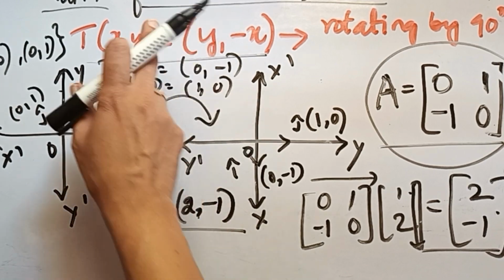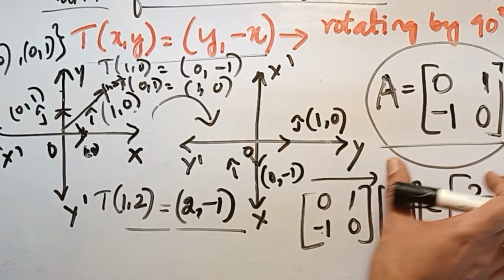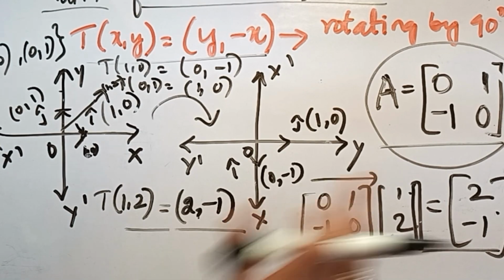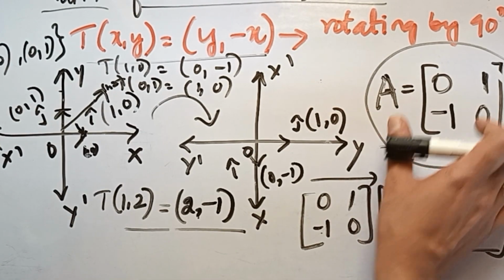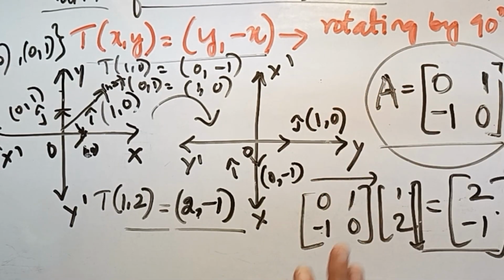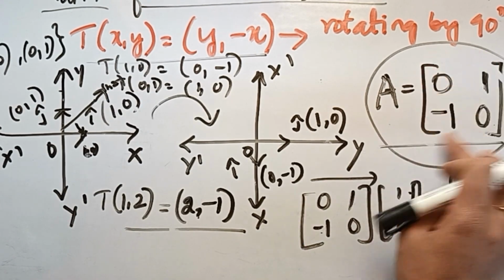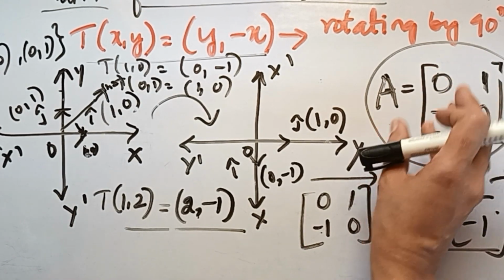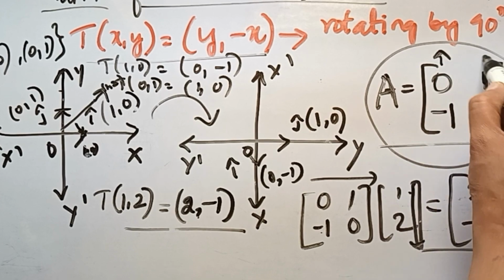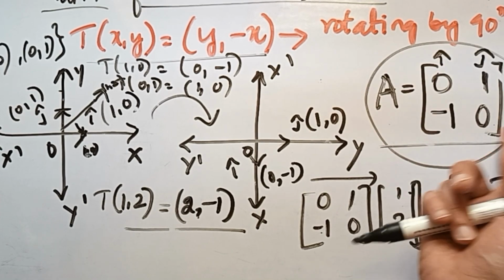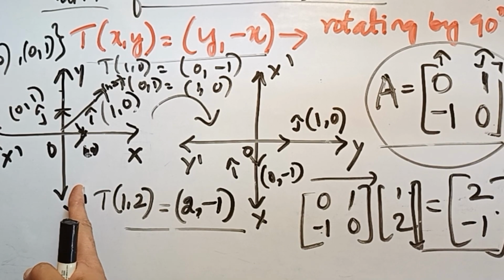Instead of referring to the linear transformation every time, now this is a representative of the linear transformation in terms of a matrix. So every matrix you can view it as a linear transformation. Under the chapter linear transformation, whatever the linear matrix is given to you, you can view it as i cap, j cap, new position of i cap and new position of j cap when it is given with respect to the standard basis.